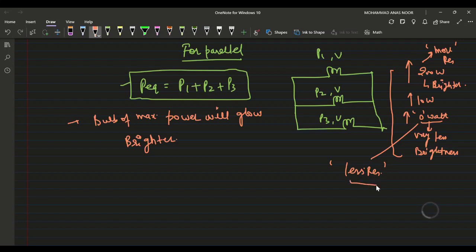It has less resistance, so it should glow more than this 200-watt bulb, isn't it? One can also think like this. But in the parallel combination, whatever is bigger will glow brighter. That's it.